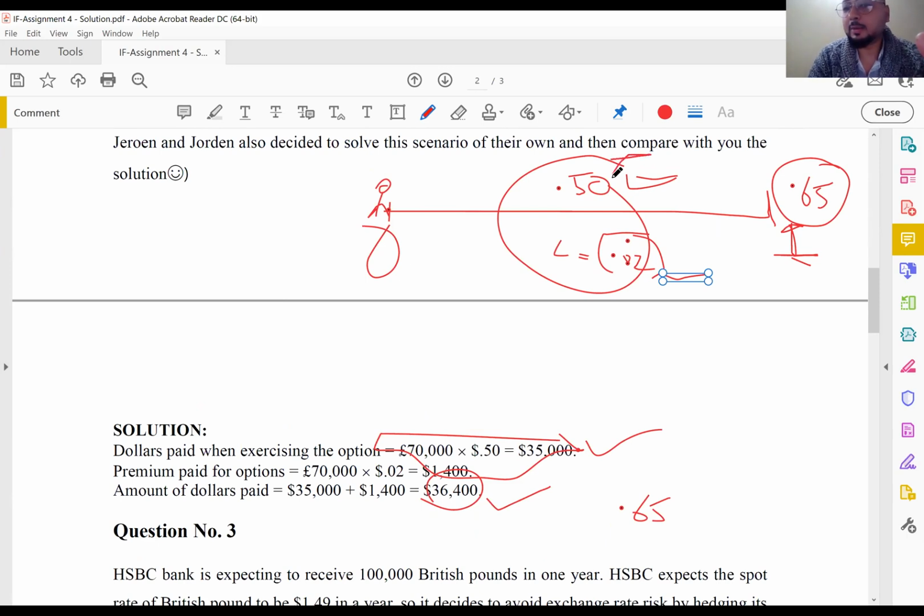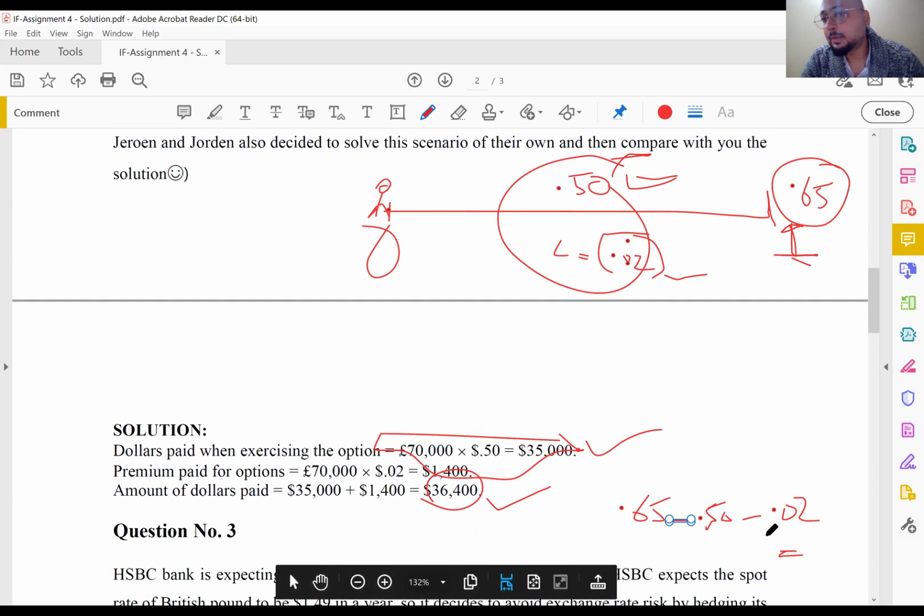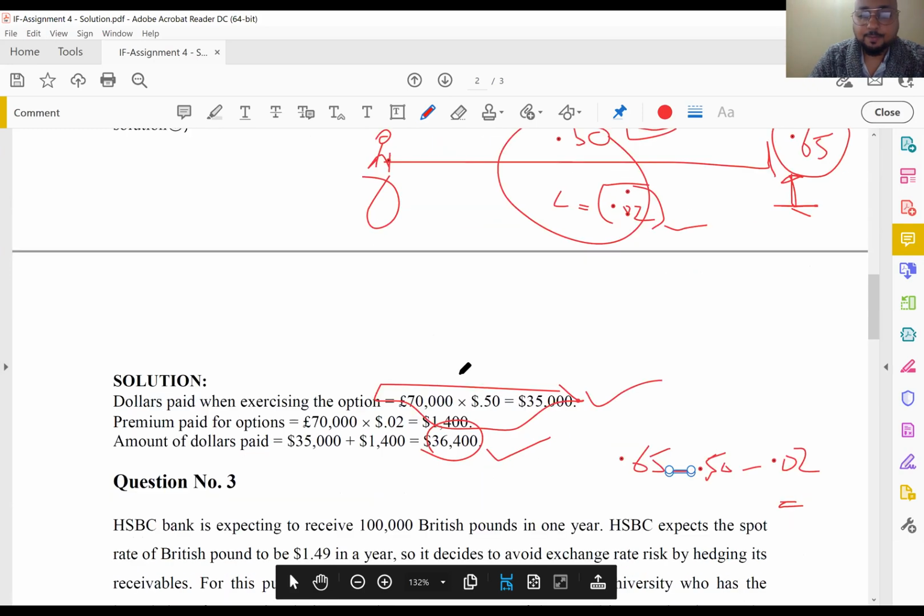So you exercise the option, at the end you buy at 0.50, you sell it at 0.65, and you already paid the 0.02 premium. So the difference you multiply with 70,000, that would be your profit, right? So the question is just to find out how much they pay. So this is the cost.